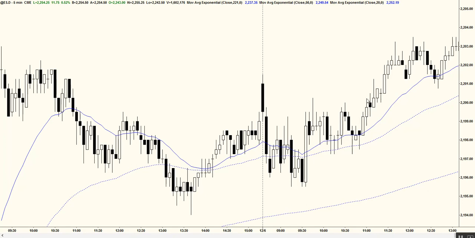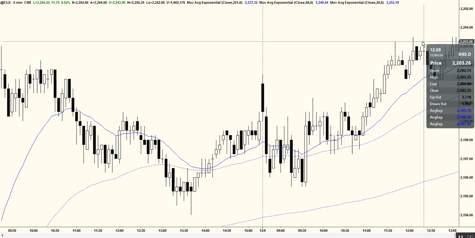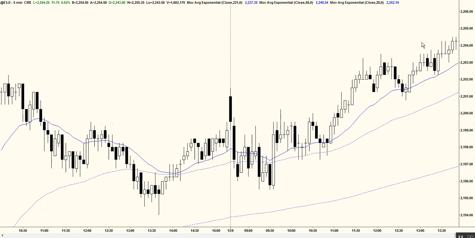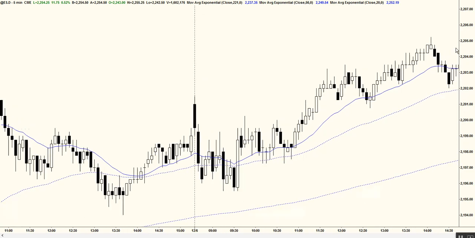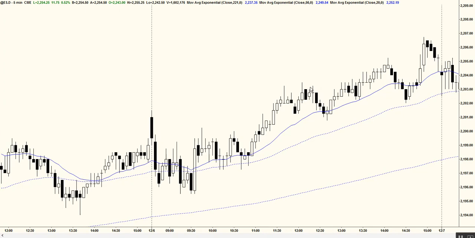If you bought this high one, stops down here, you had the chance to make a little bit, but it's buying high. You're at the top of the trading range, three pushes up, 1, 2, 3. I wouldn't want to be long here. And that was the end of the day.